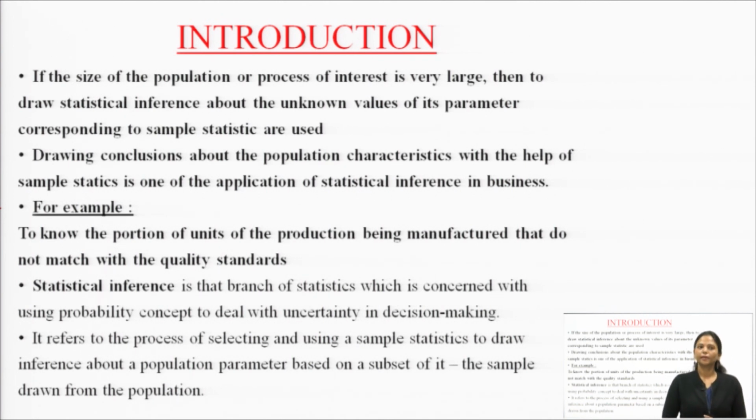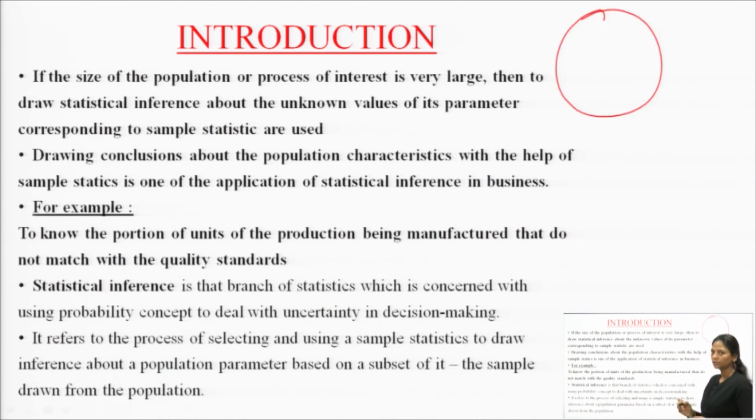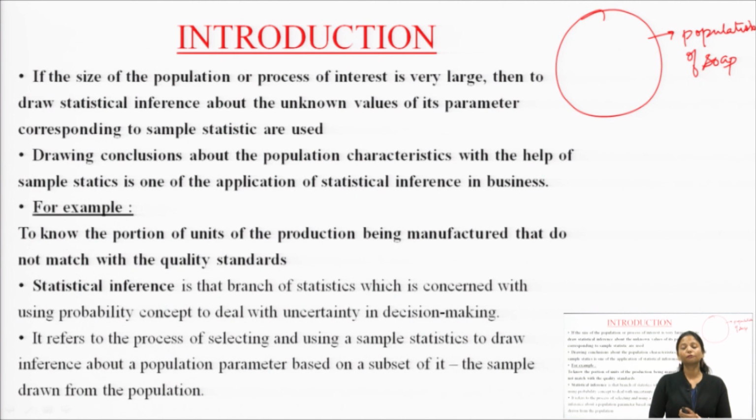Statistical inference is referred to as the process of selecting and using a sample statistic to draw inferences about a population parameter based on a subset drawn from the population. For example, if this is my population of soap, and the manufacturing plant is manufacturing 50,000 soaps per day, I cannot test each and every soap.